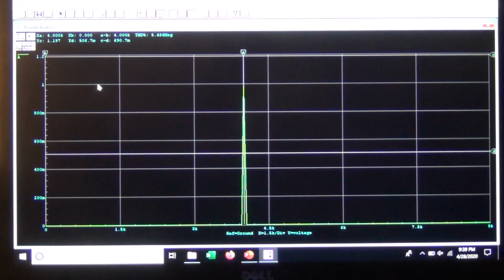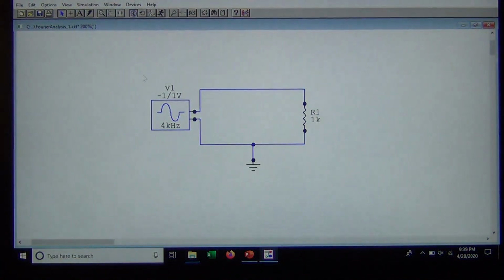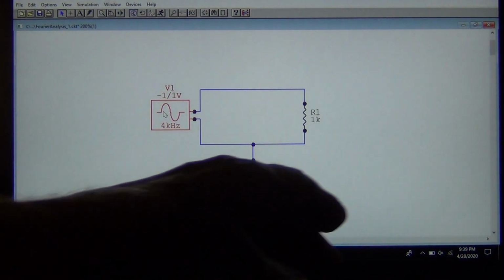Now, anytime I would change that signal generator output, the spike would move around the screen. Right now the screen is set up to go from 0 to 9 kilohertz. It's limited by the simulation setup that I did. Let's do one more. Let's say we want to set this to 6 kilohertz.